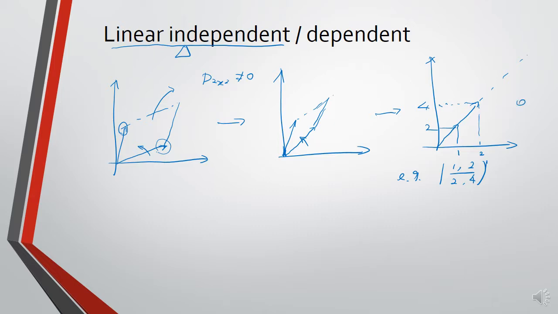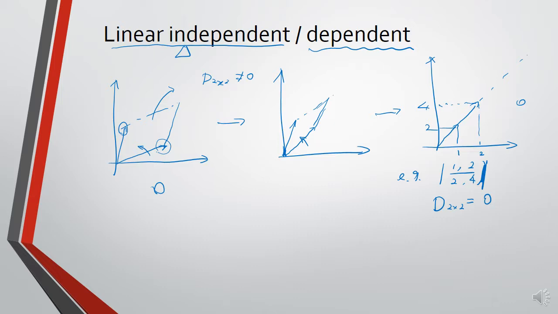So the determinant's value for this 2x2 determinant is 0. When the determinant is 0, in contrast with the earlier condition, we say these two vectors are linearly dependent, because they are aligned on the same straight line. That's from the point of view of geometry.